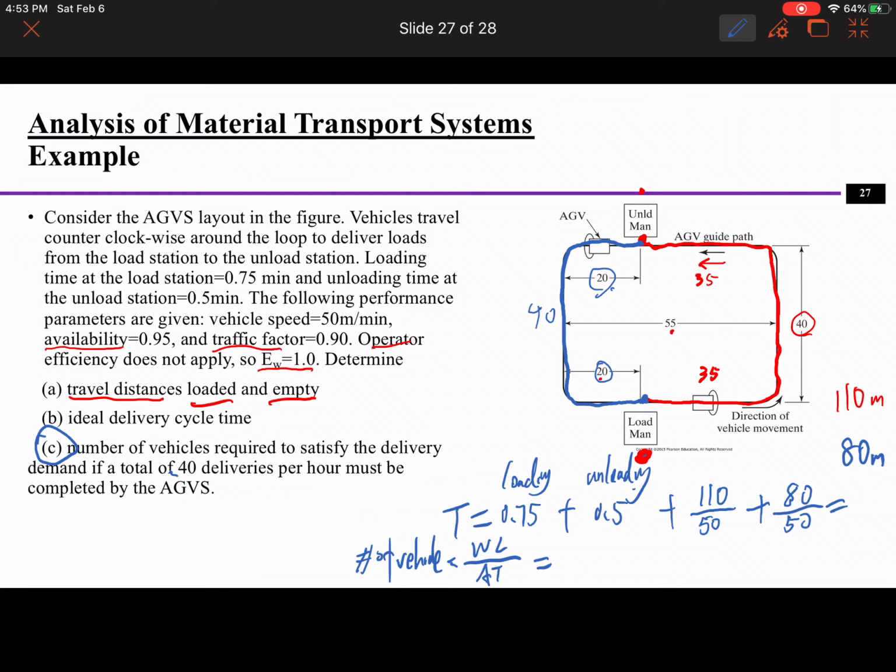Frequency is 40 deliveries per hour, times the cycle time. How do we know the cycle time? We already calculated it: this should be 5.05 minutes, right?